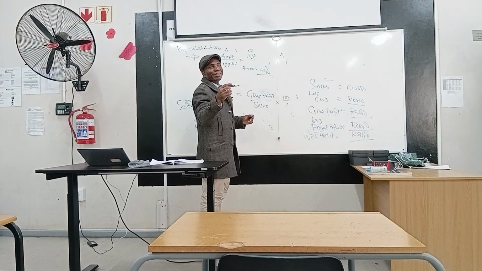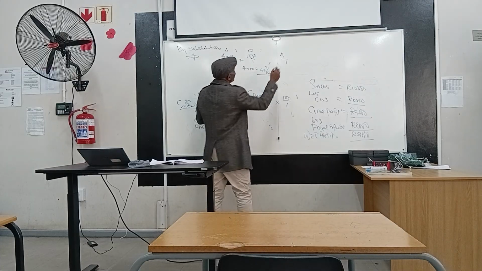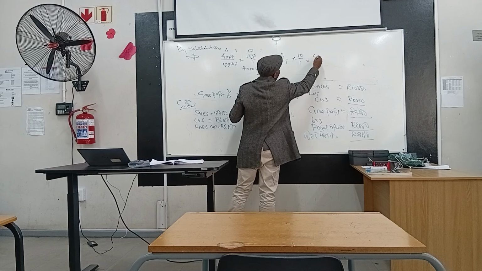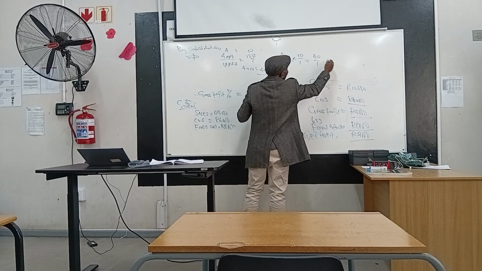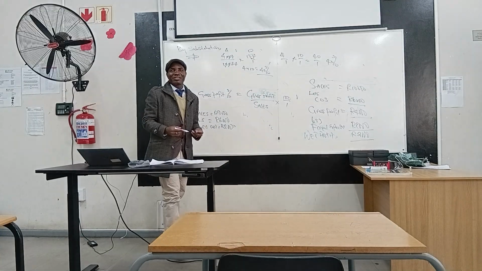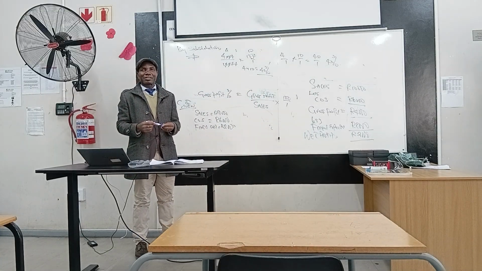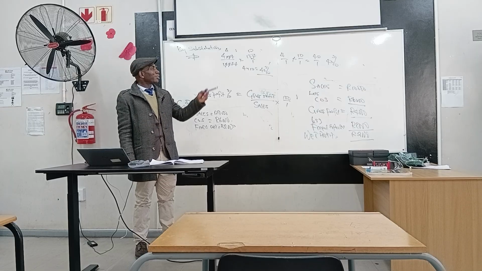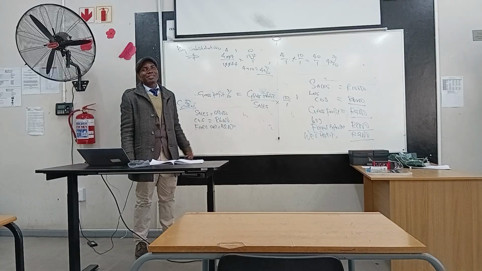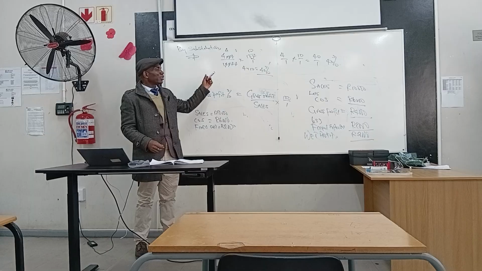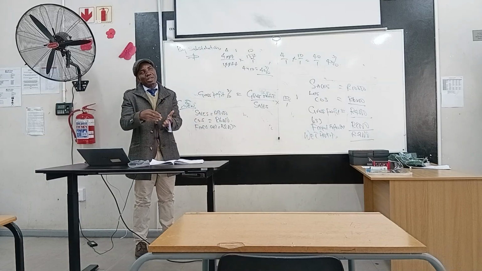You see, 4 over 1 times 10 over 1 is equal to 40 over 1, which is 40. You understand this stuff? But in the exam, don't do it like this because you're going to waste your time.